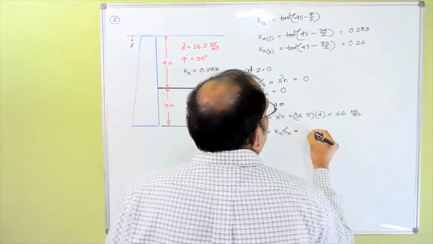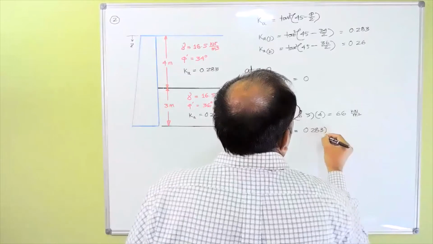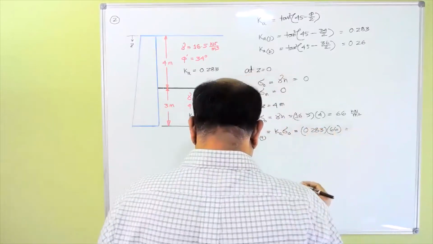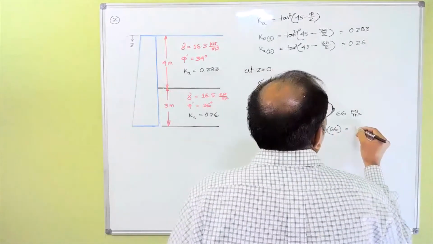So this is 0.283 into 66. That's basically 18.68.